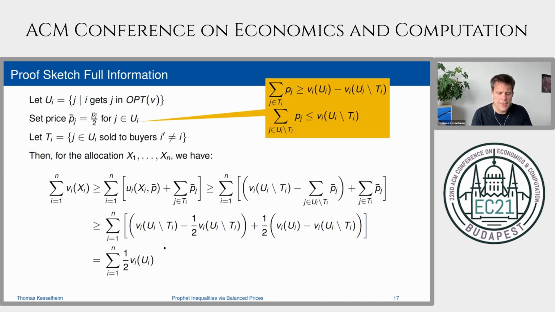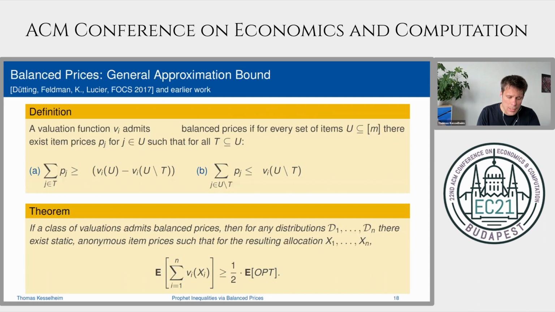But nonetheless, this argument generally is robust enough so that you can write expectations around everything. And so this is how you then get the argument that also for any known probability distributions, you can get this half of the optimal social welfare. So this is what works out generally, and you can even go beyond this.